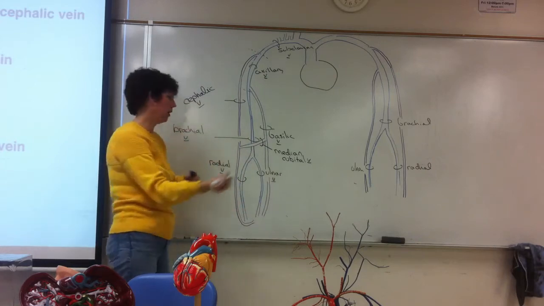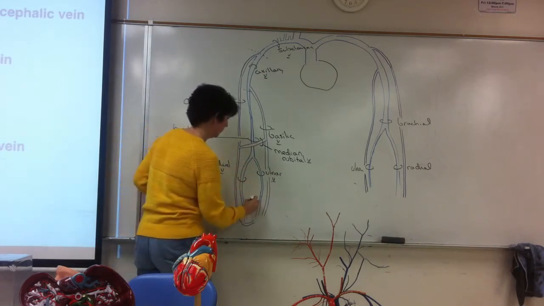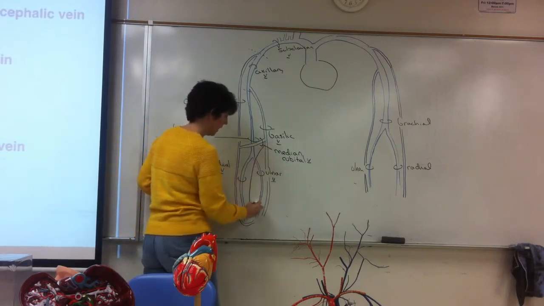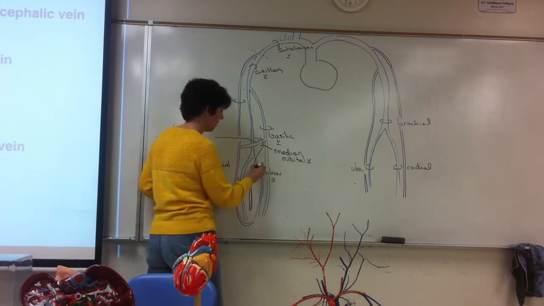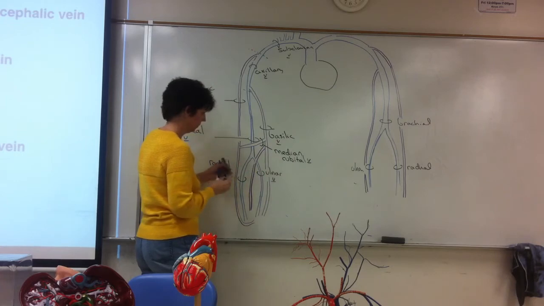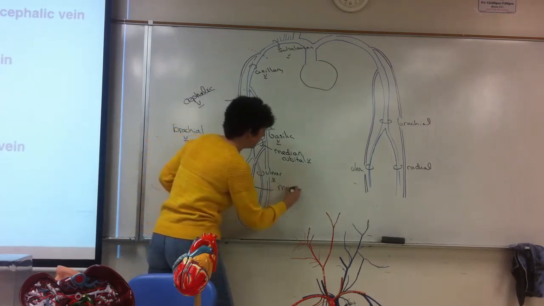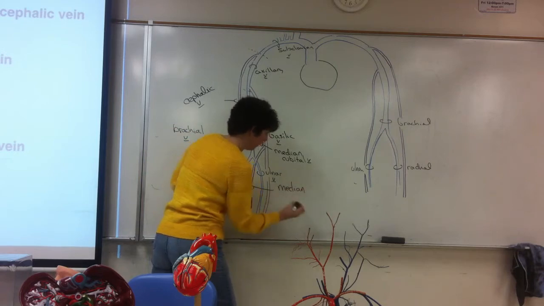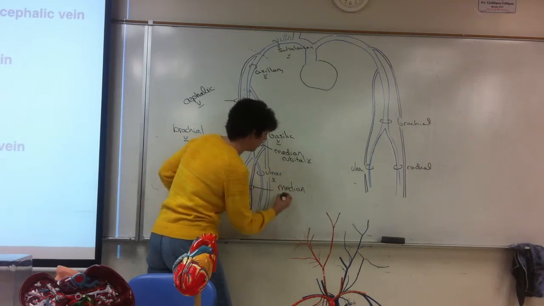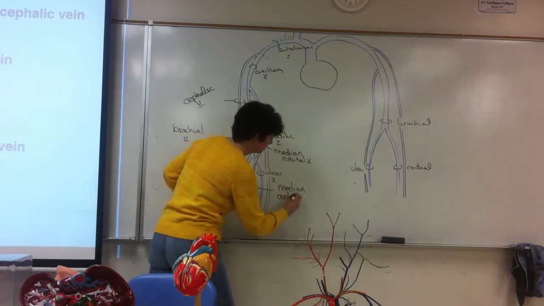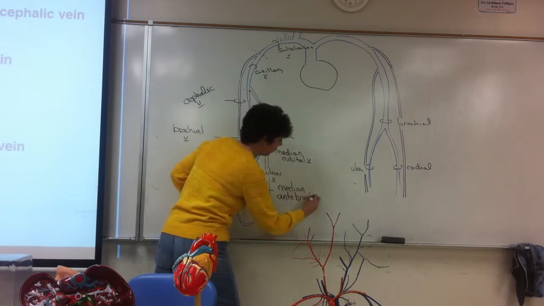Draining from the forearm, either into basilic or into median cubital, we have the median antebrachial. And those are those four superficial vessels I told you about. So median antebrachial refers to coming up the anterior forearm. Antebrachial means forearm.